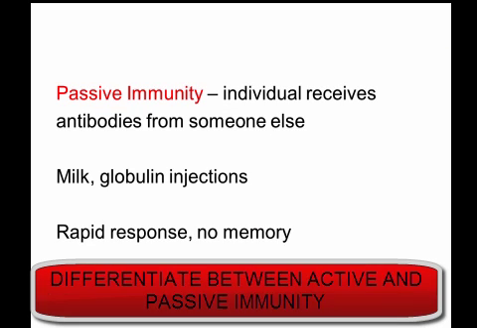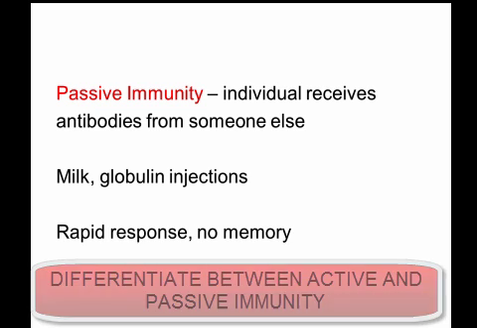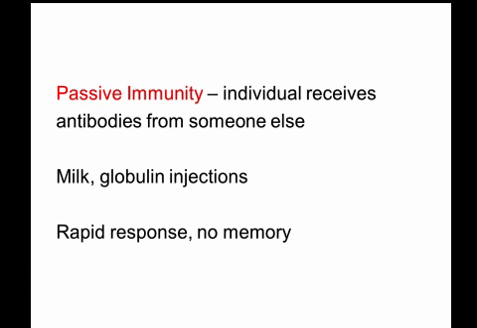Passive immunity is when we receive antibodies that were produced by someone else. So we're not going through our own individual immune response. There are some antibodies that are secreted in milk, so infants can get some immunity through milk. We can also get globulin injections, which are injections of antibody.